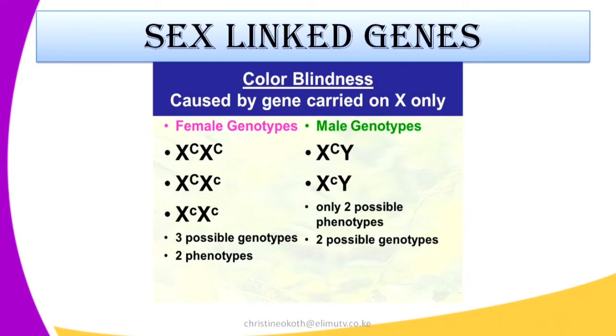In the male, we only have 2 possible phenotypes. If you do not have color blindness, the X will bear the capital C sign, while if you have the color blindness, you'll have the small c on your X chromosome. So there are only 2 possibilities: you are either a colorblind male or a normal male.